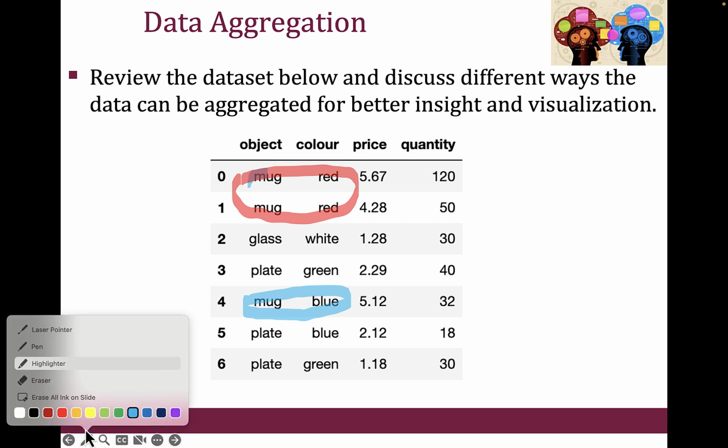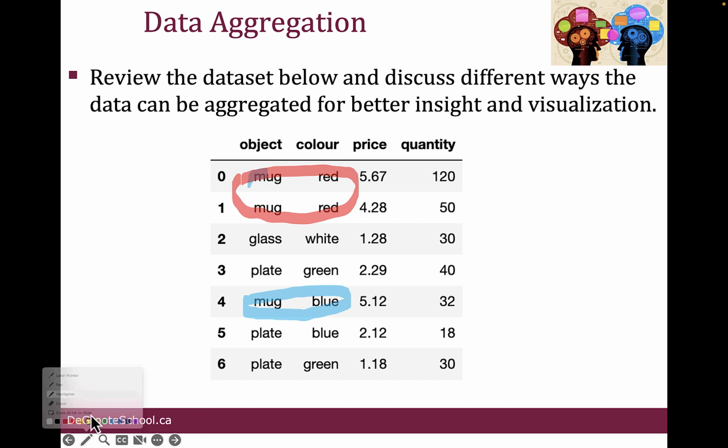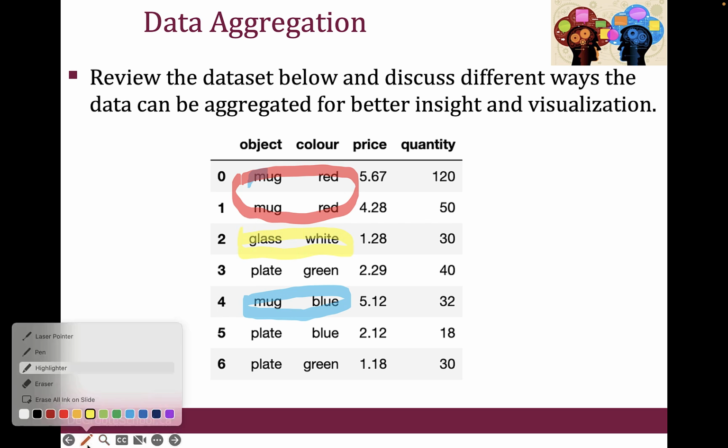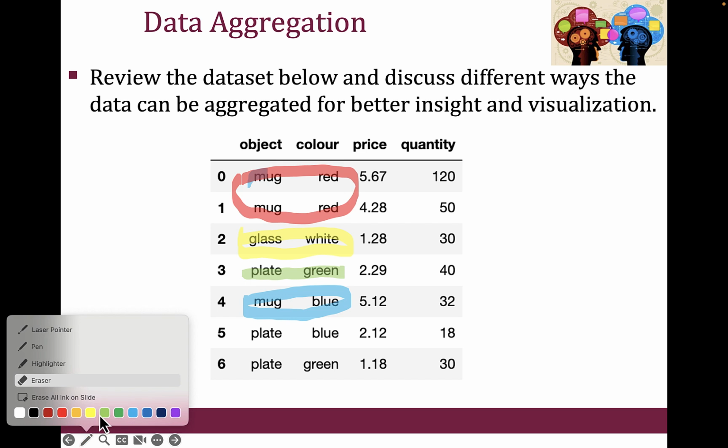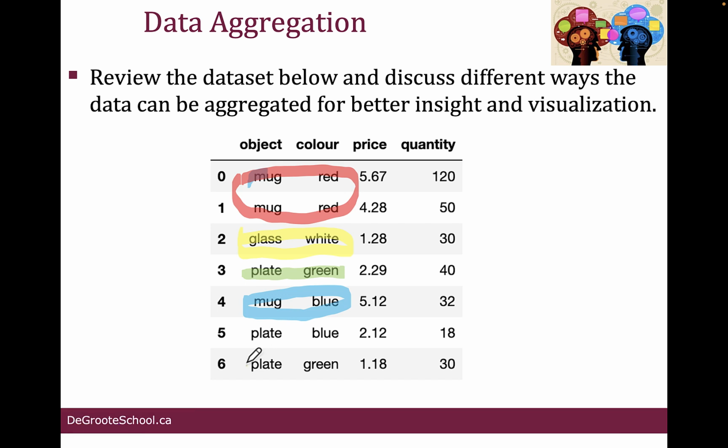And we also have white glasses. That's the third group. Now we are left with the plates. We actually have green plate, 2 rows, both being green plate, so that's the third group, right? Well, actually, the last row should be the second row that has green plate.